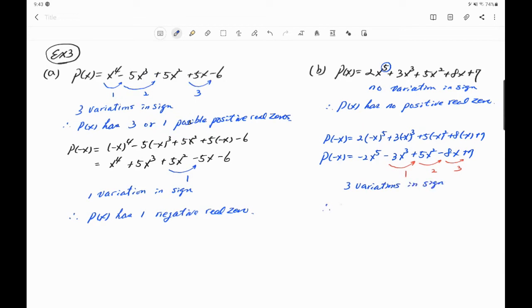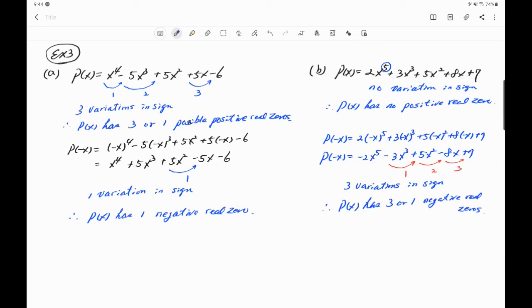So P of x has how many negative zeros? 3, or decrease this 3 by 2. So there will be 1 negative real zero. Okay, can you see it?